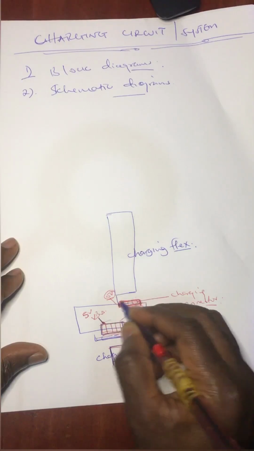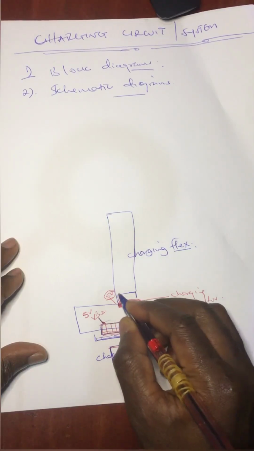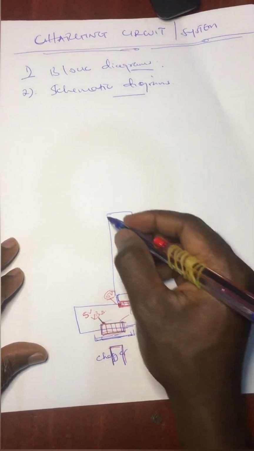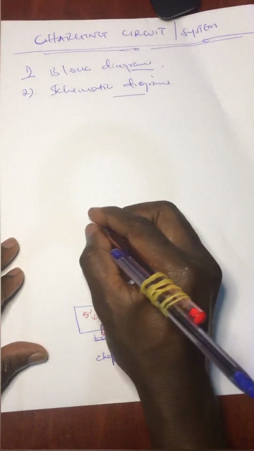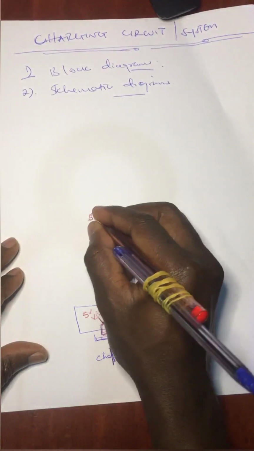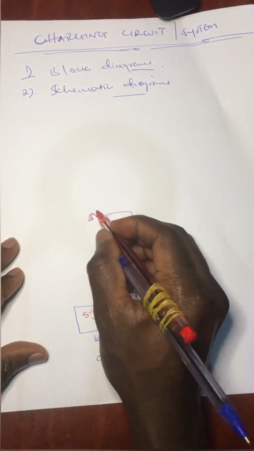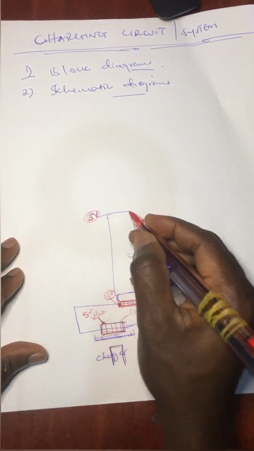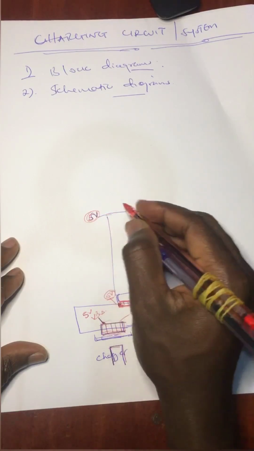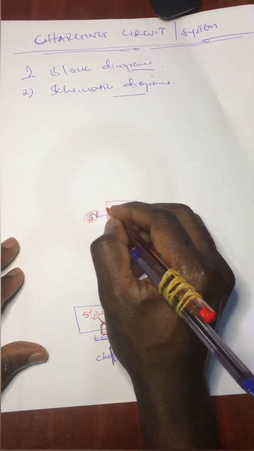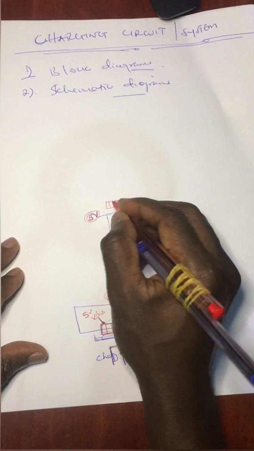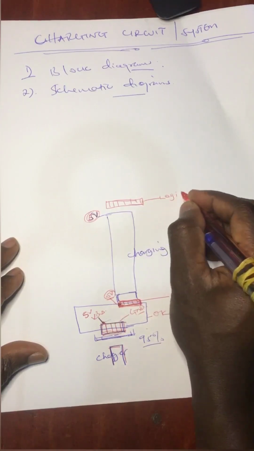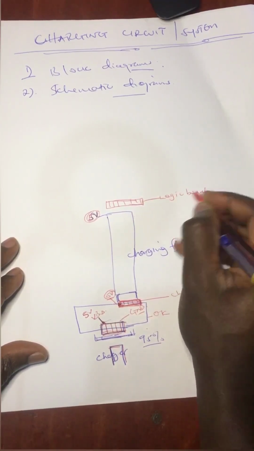After you connect this charging flex on the charging board, you have to find 5 volts on top here, on the connector to the logic board. This charging flex connects to the connector on the logic board. So this is the logic board connector.